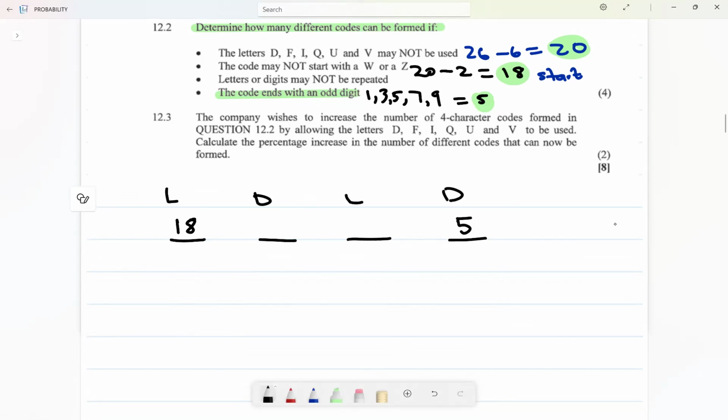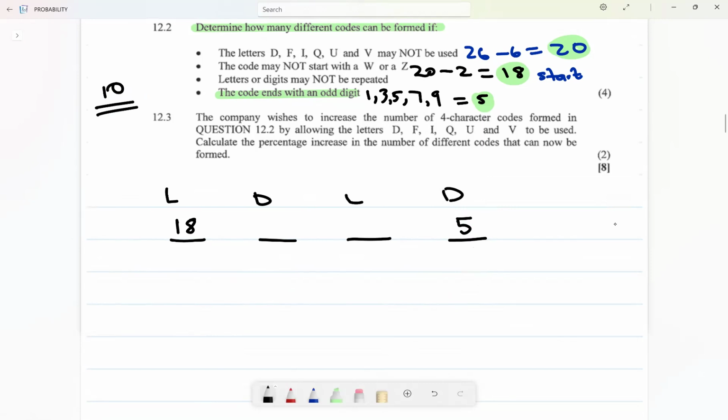And then I can continue with the number of digits that I have. Remember, I have 10 digits. The 10 digits are only restricted in the last position, but for this one, any digit can sit. It does not need to be odd or even. But remember, out of the 10, we have already used 1 when we put the last one. Remember, this 5 does not mean 5 will sit.